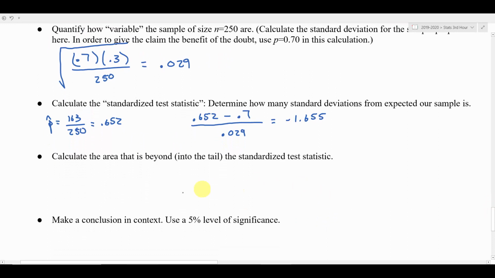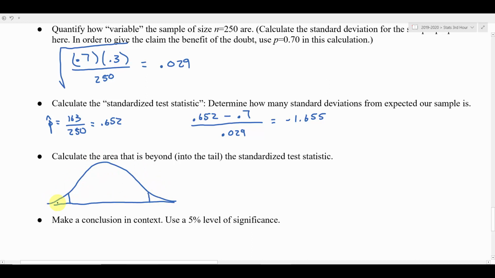Now this is where the two-tailed test can get a little confusing. When I draw my distribution, remember our level of significance was 0.05. Whatever p-value we calculate here has to be less than 0.05. What that means for our tails is that the most area that we can have in the two tails is 5%.